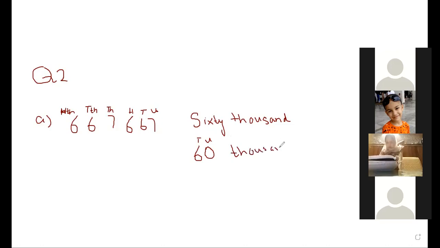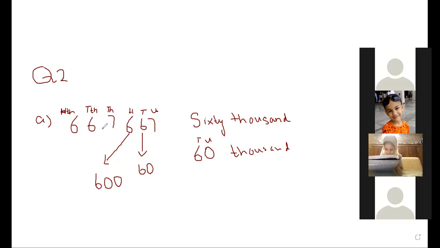So the first 6 is only 60. The second 6 shows only 600, and we know in 100 we have 2 zeros. The next one is 7, on the 1000 place.